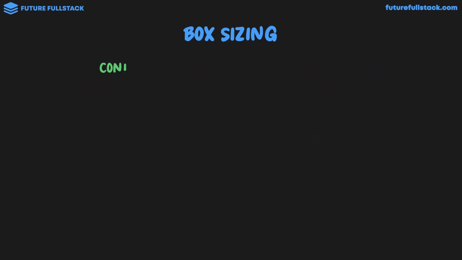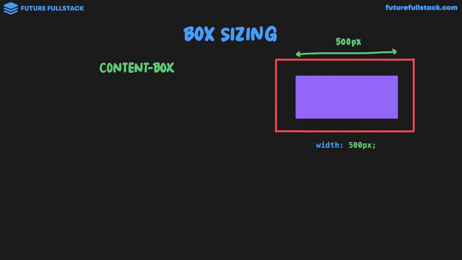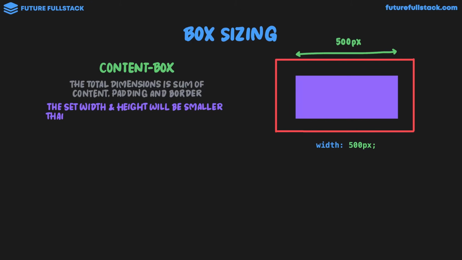We'll start with content box, which is the default value, and is the behavior we've seen so far. If we set a width of 500 pixels, it means that the width of the content will be 500 pixels, and any padding and border is added on top of this. So the total dimensions is the sum of content, padding, and border. In this case, the set width and height will be smaller than the total width and height of the box.